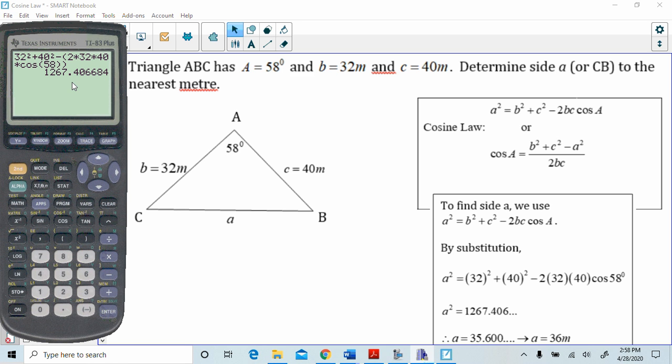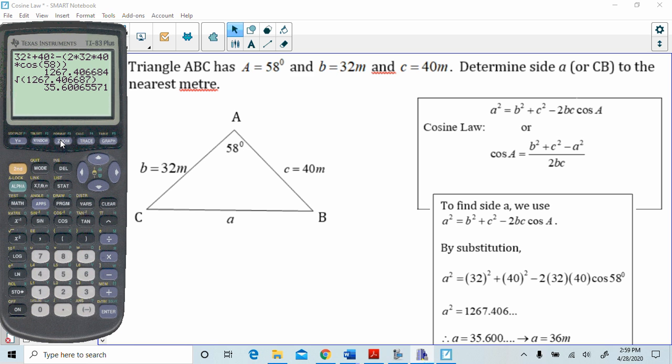Okay, so we get that number there, which is this number. But remember, it's not square rooted yet. So we need to square root to actually solve for the A. Right now it's A squared is that value. So we're going to go and do the square root of 1267.406684. And we get 35.6, rounded to the nearest meter, 36 meters.